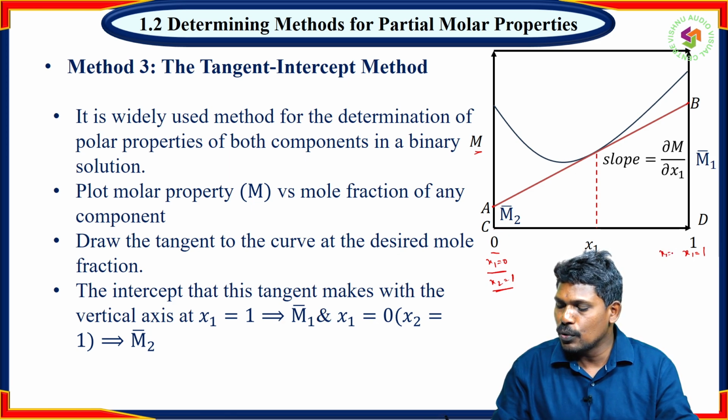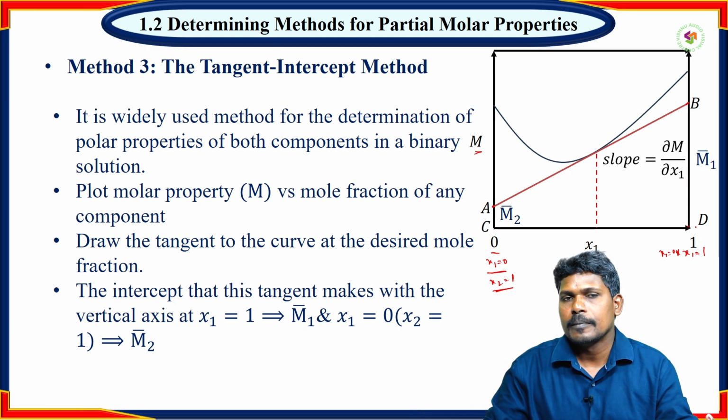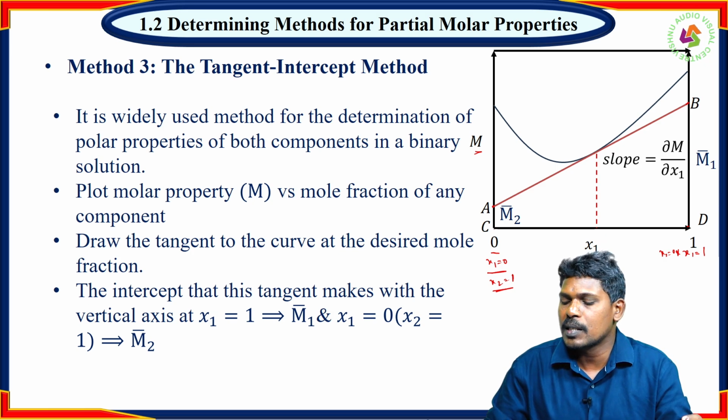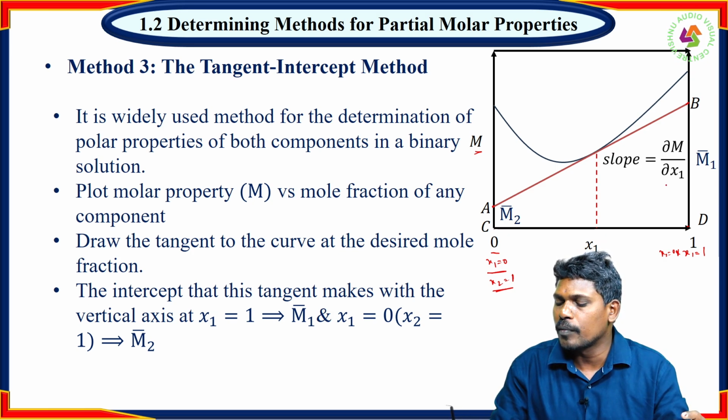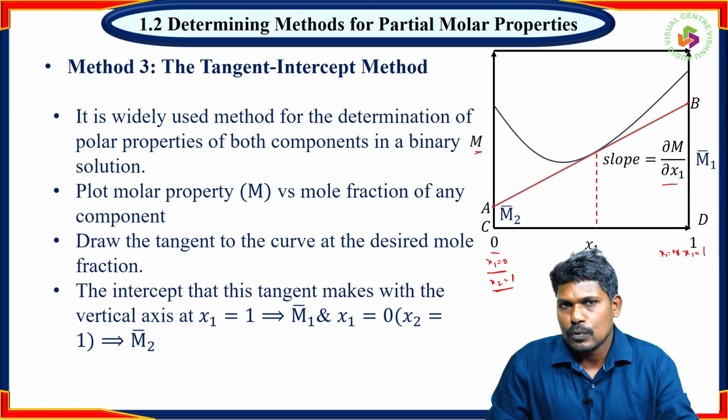At x1 is equal to 1, the partial molar property is equal to BD, the length of the segment. So at the particular mole fraction of your interest, the partial molar property is the slope, that is, dou M by dou x1.